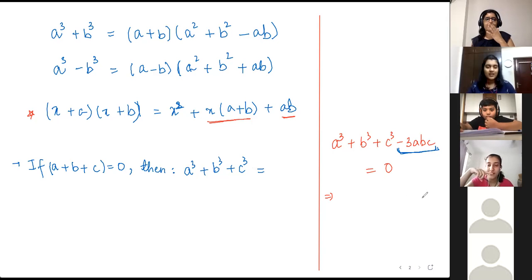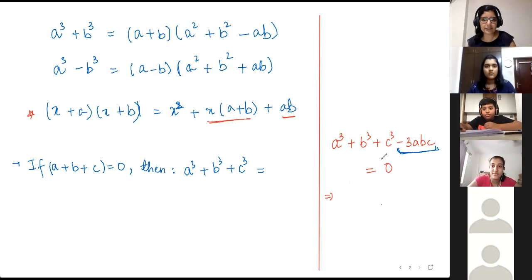Ma'am, what is exactly the question over here? So a plus b plus c is given as 0. ठीक है? हाँ. So a plus b plus c is given as 0. Then according to that identity, a cube plus b cube plus c cube minus 3abc will be equal to 0.